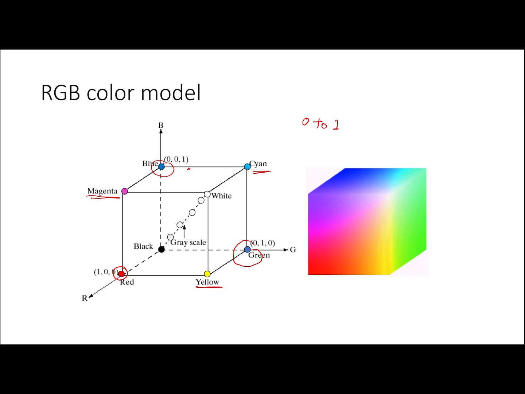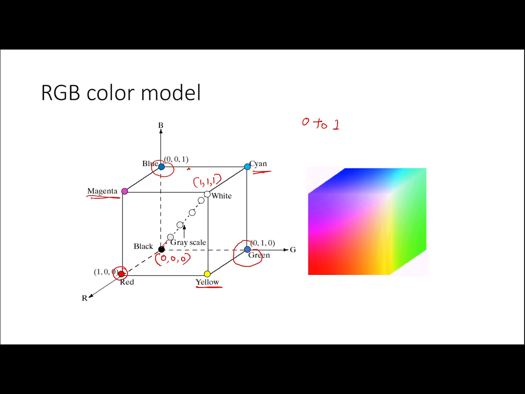Now the origin of this color model, that is at location 0, 0, 0, represents black, and the farthest vertex, which is 1 1 1, represents white.